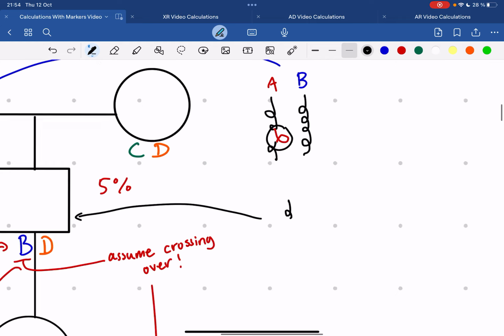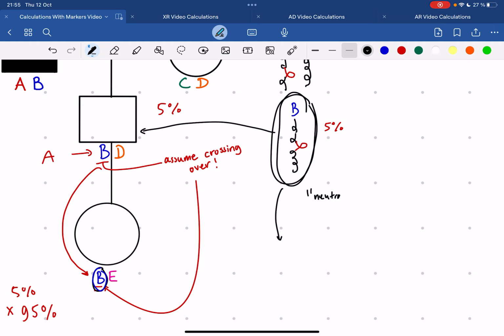In our case, there's a 5% chance of this occurring, but if the daughter has the B and the B marker, and the 5% thing is true, then the daughter will have an additional chance that this B actually is neutralized by this D now.